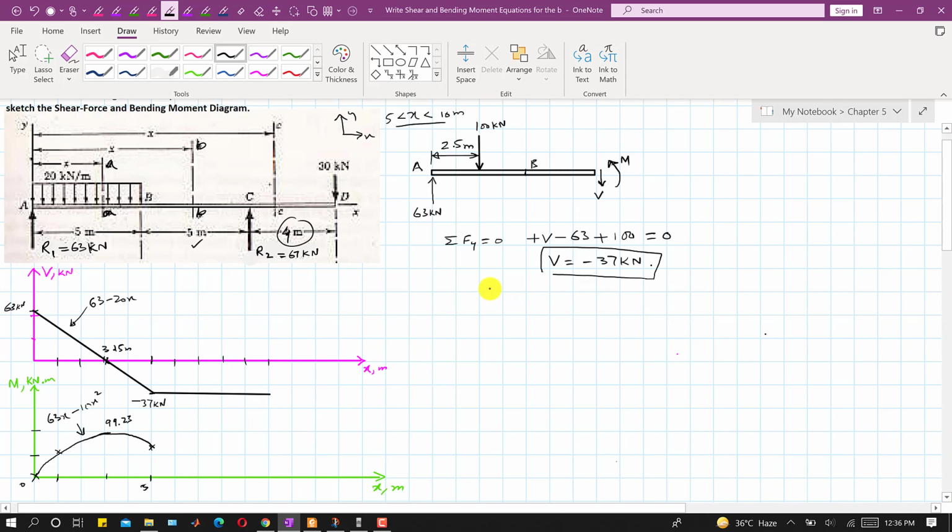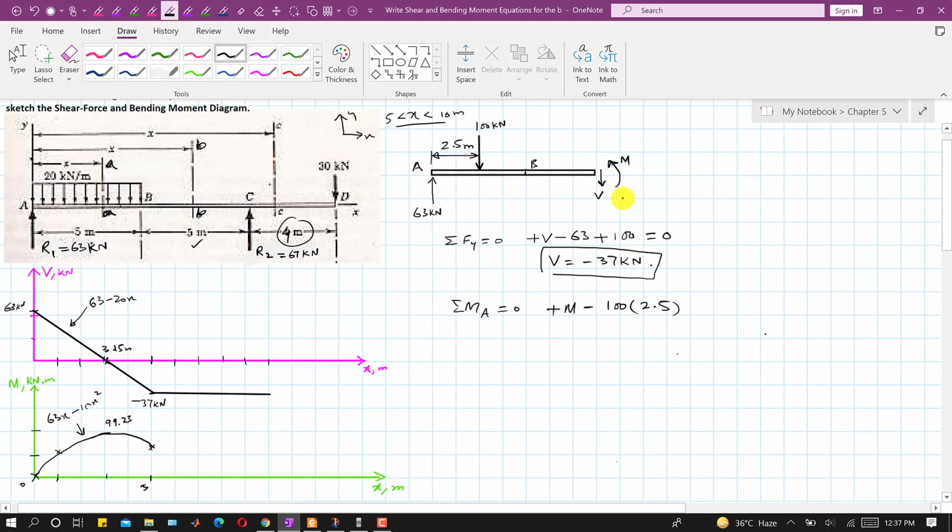And similarly, if we apply the summation of moment about point A equals to 0 for this diagram, again as we can see this is the positive moment, so we will write plus. This 100 kilonewton force is producing the clockwise moment that is in the negative direction, so I will write minus 100, and the perpendicular distance of this 100 kilonewton force from point A is 2.5 meters, so I will multiply this with 2.5.